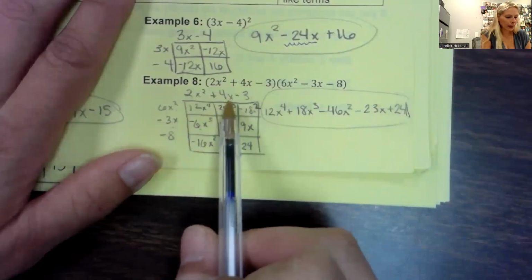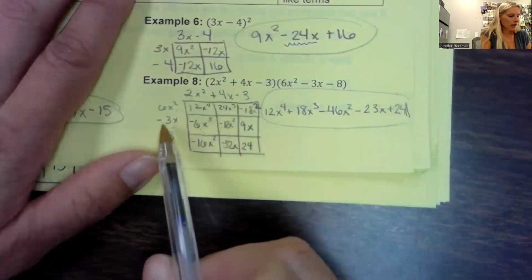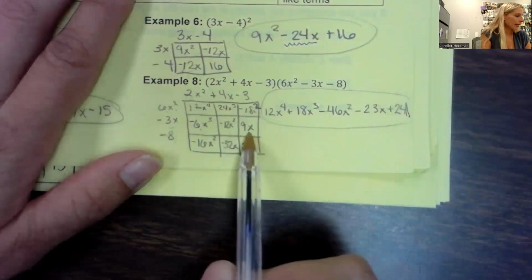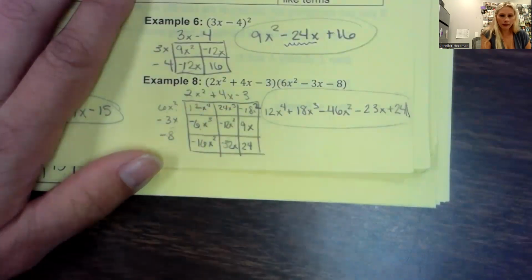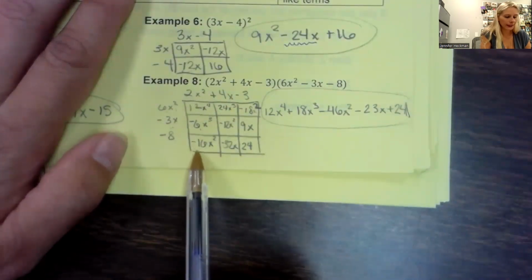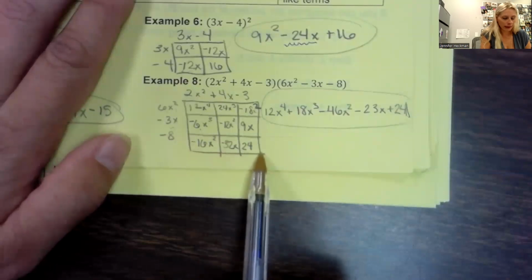Negative 3x times 4x is negative 12x squared. Negative 3x times negative 3 is positive 9x. And then we have this last row. So we'll end up getting negative 16x squared, negative 32x, and positive 24.